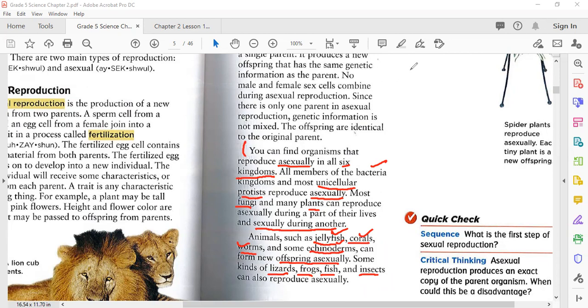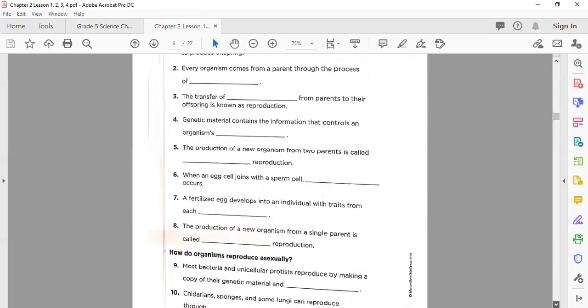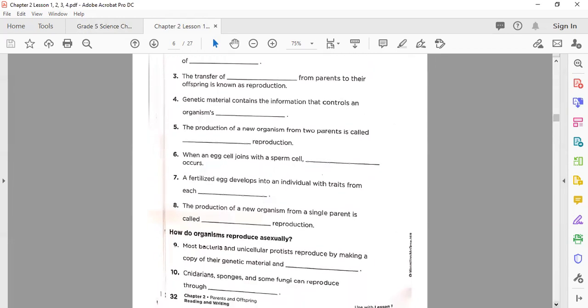Now, my dear students, I'm going to take you back to the workbook for today's homework that you need to do. So please open your workbook, page number 32.